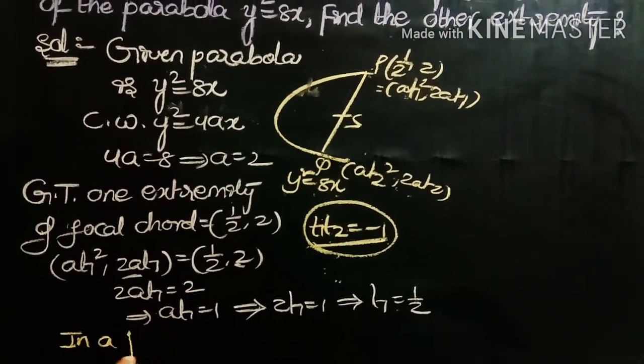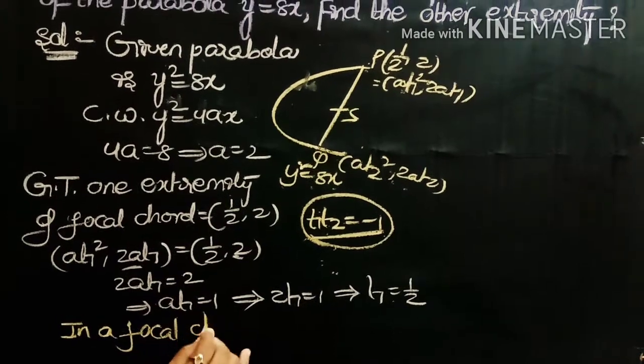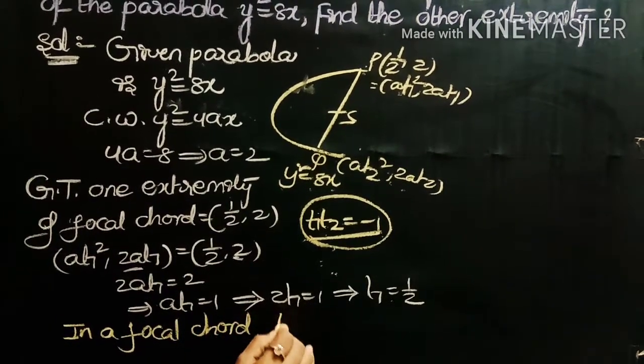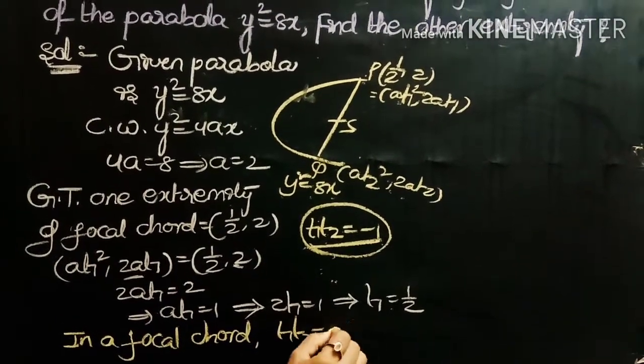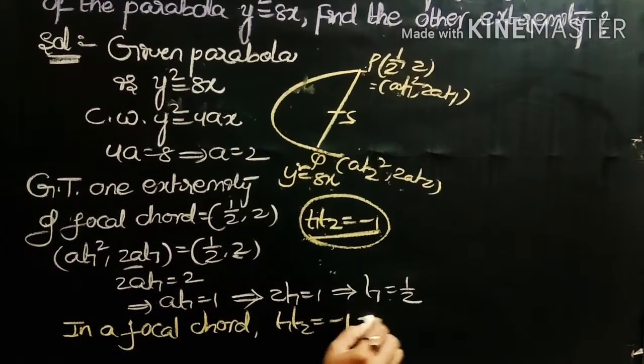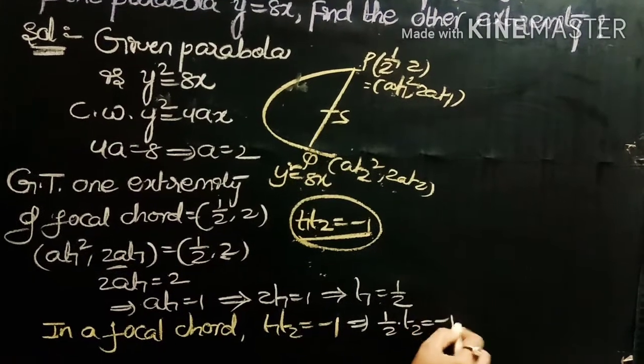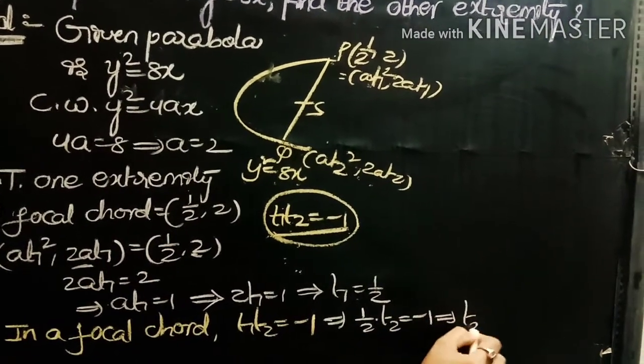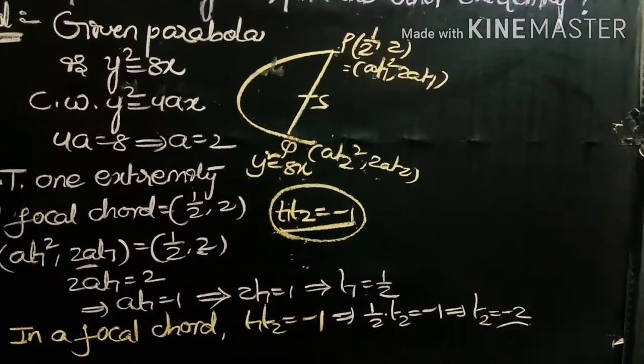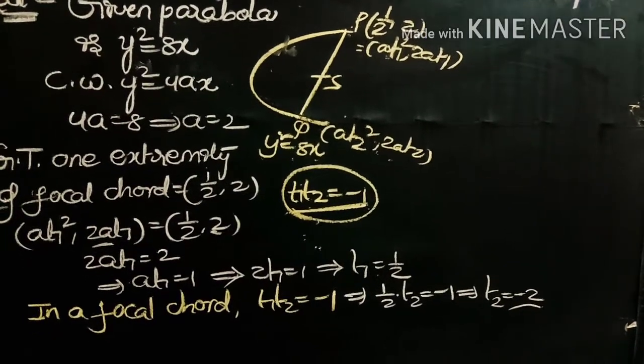Now we are replacing this t1 equal to 1 by 2 value in this formula. In a focal chord, t1 into t2 is equal to minus 1. That is 1 by 2 into t2 is equal to minus 1, which implies the value of t2 is equal to minus 2.